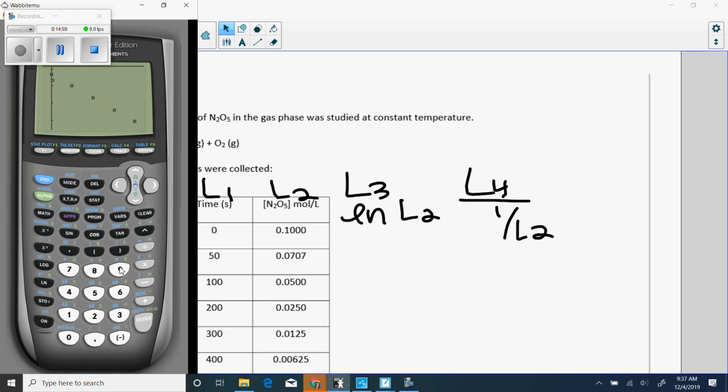So list 3 is natural log of. Not a solid line either.